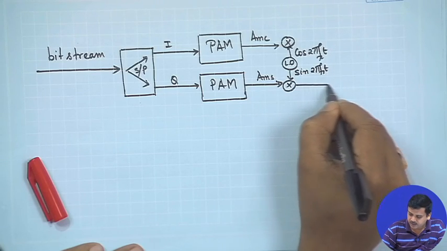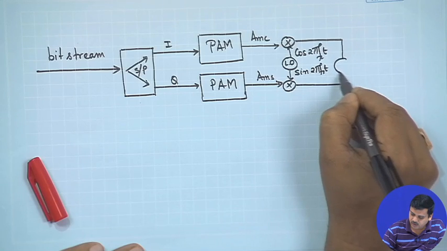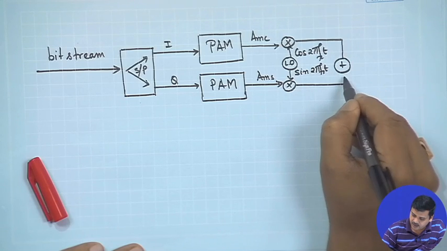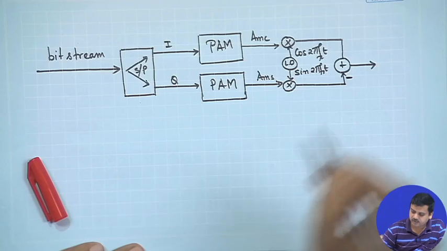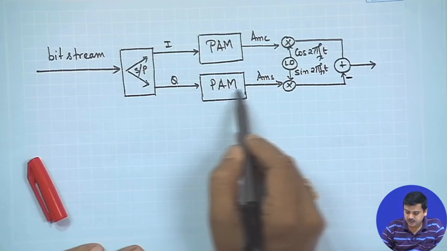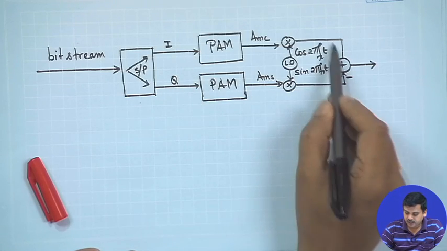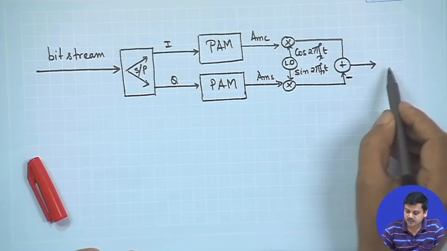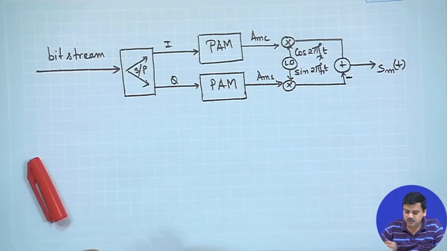There is a multiplier and then you are going to add this with a negative sign and then you are going to send it out. So, that clearly means you have two separate channels, right, one is the I channel, one is the Q channel, and when you do an operation like this you are going to get S m of t. In this way you can generate a quadrature amplitude modulated signal.